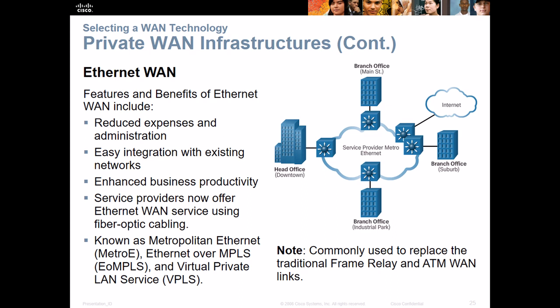The Ethernet WAN is popular now because you can get gigabits. As long as you are within a city limit in a metro area, you'll be able to use Ethernet, and that's what's now replacing frame relay and ATM networks because of how fast it is in comparison to the other two connections.